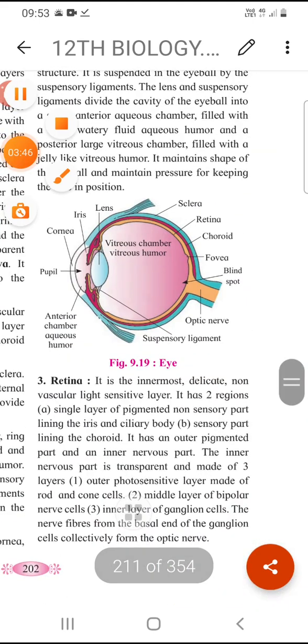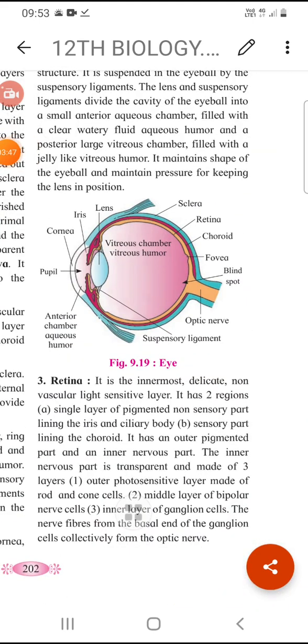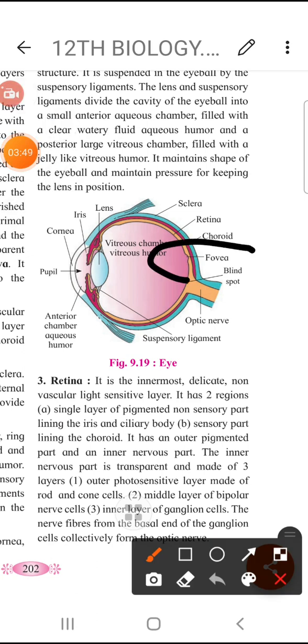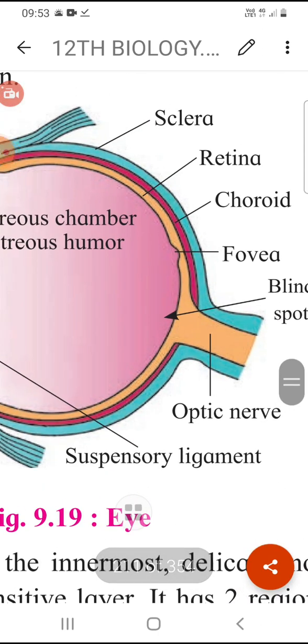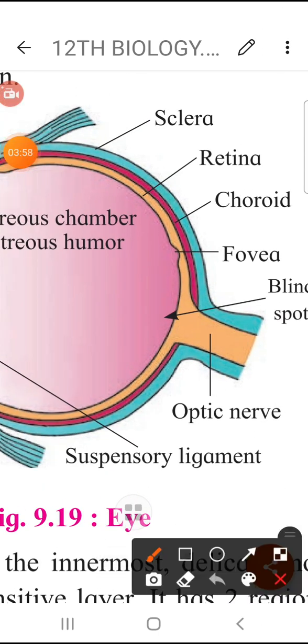See, you can identify fovea, right? So the depression, if you just highlight it more, this depression is located in the macula lutea region, जिसके अंदर जो डिप्रेशन है उस डिप्रेशन को हम बोलते हैं फोविया सेंट्रालिस.